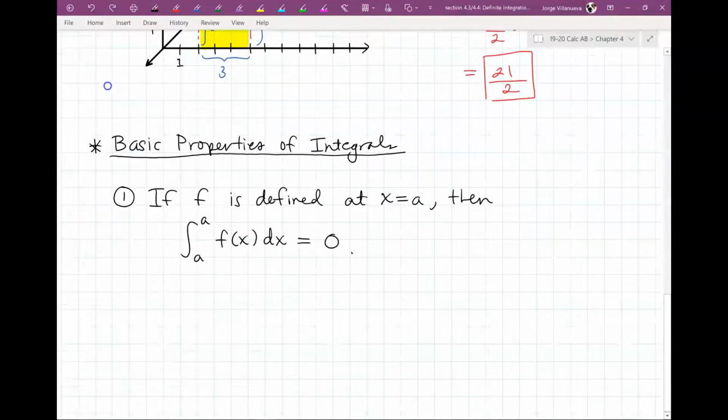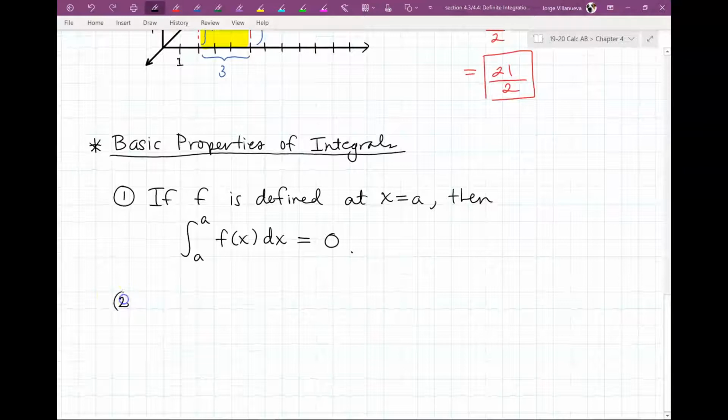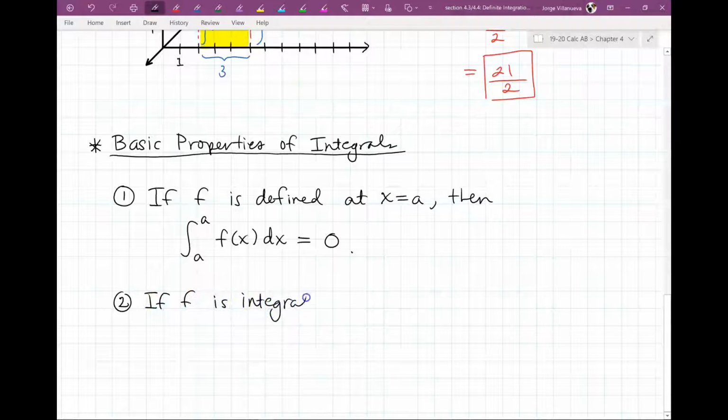Now there's a second one here. It says if f is integrable, in other words, you can take an integral for it on a to b. Notice a is the small number, b is the big one, right?